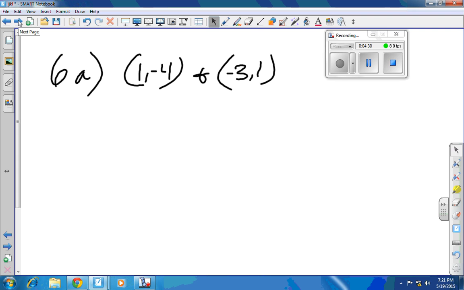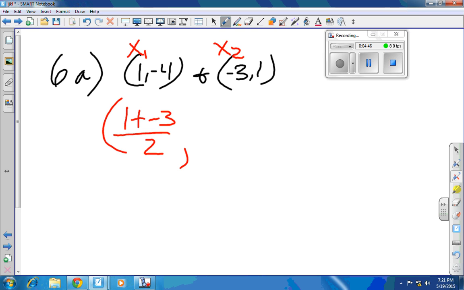Final problem. It goes back to what we were doing in 1 and 2 and 3. We have to start by finding the midpoint. So I'm going to label x1, x2. I add those together and divide by 2 to find the midpoint x value.